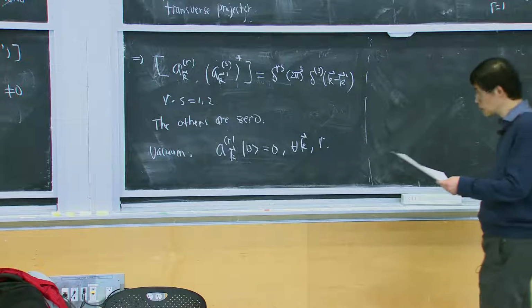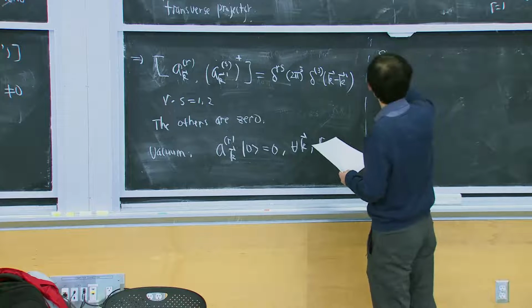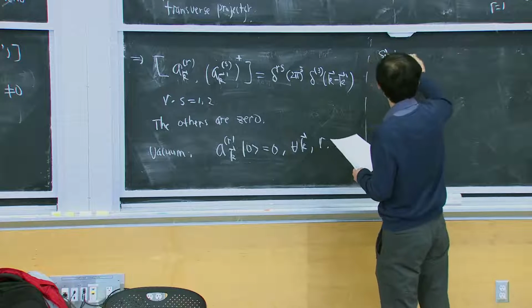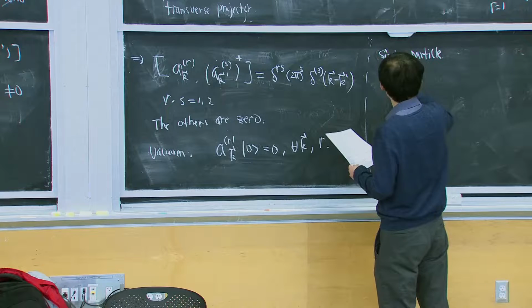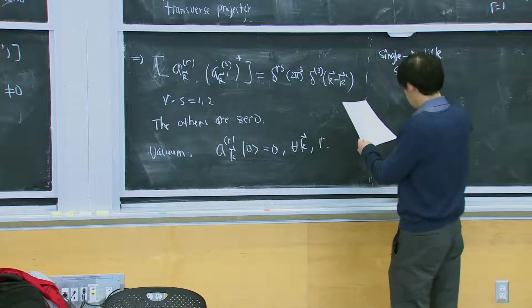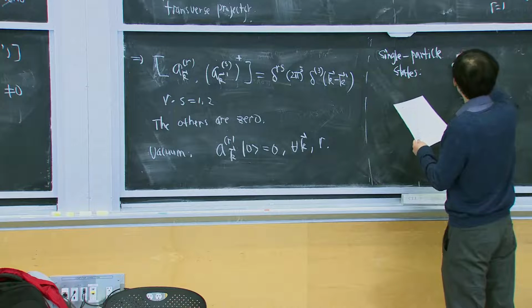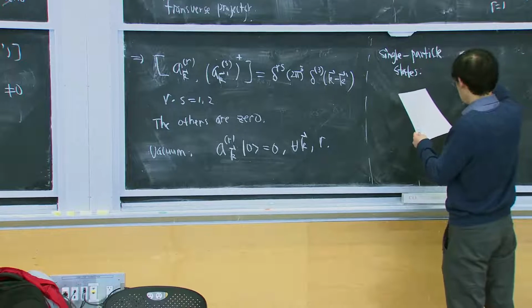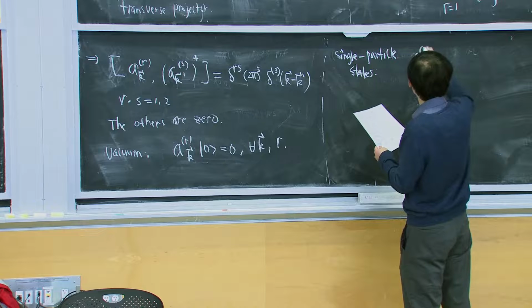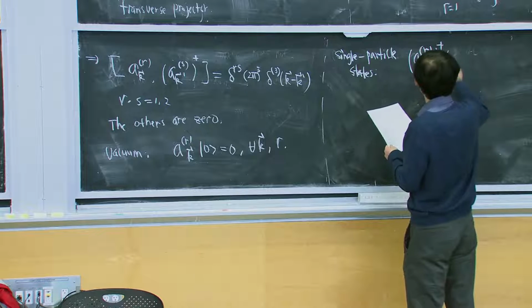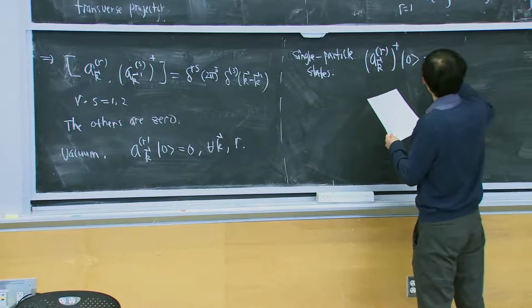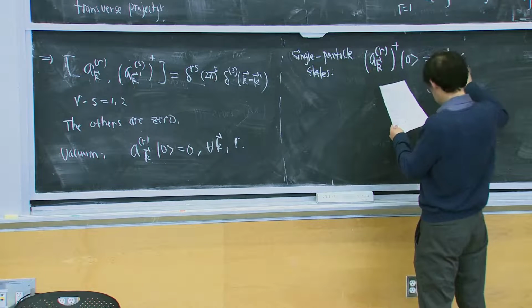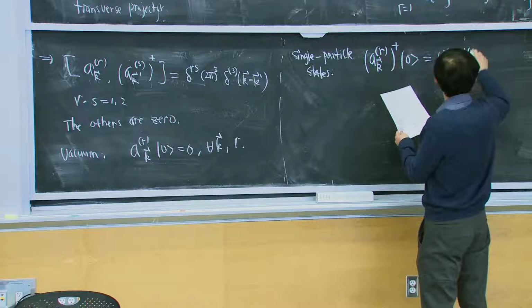And then the single particle state is given by just a_{k,r} dagger acting on the 0. So we denote this as |k, epsilon_r>.